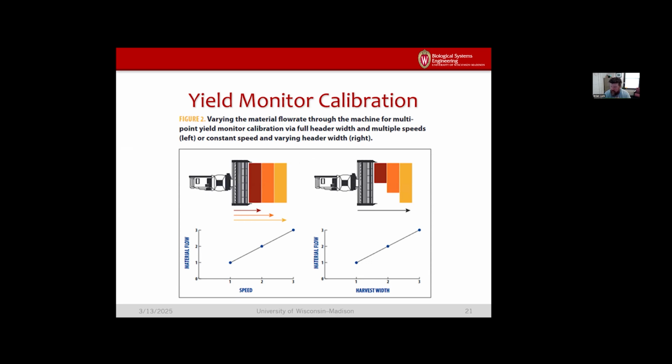You get 5,000 pounds at one, two, and three speeds, and then you have higher material flows as you speed up. The other way you can go about it is to harvest less of the header width. If you want to still go fast, you take a third, two-thirds, and a full header width at the same speed, and that will vary the flow through the machine and get your calibration correct for your yield monitor and make sure you have the ability to detect changes across that variation within the crop.